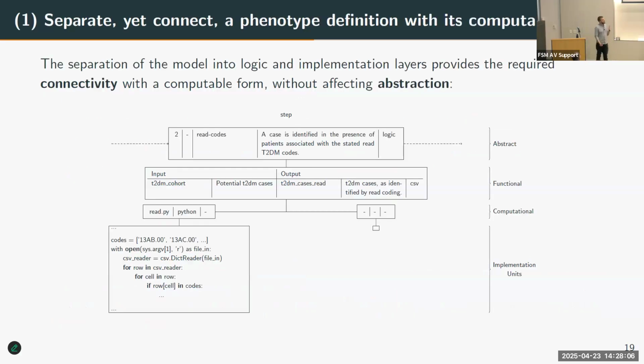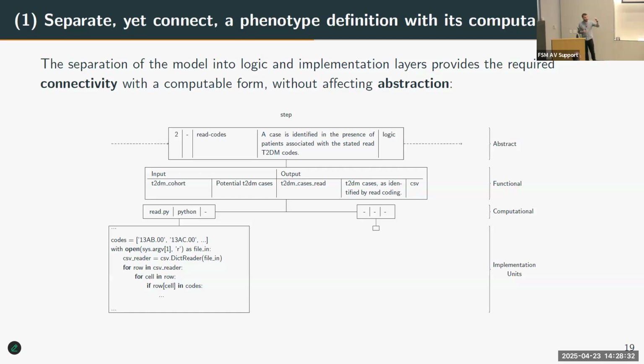And let me talk now a little bit about how it potentially solves those issues that I outlined at the beginning, and how it potentially meets those requirements that I put in place in light of those limitations. What you can hopefully see from this, as I've alluded to already, is we meet this difficult trade-off whereby the implementation is separate from the computable form, and we don't want to mash them together with comments, but there's still connectivity.